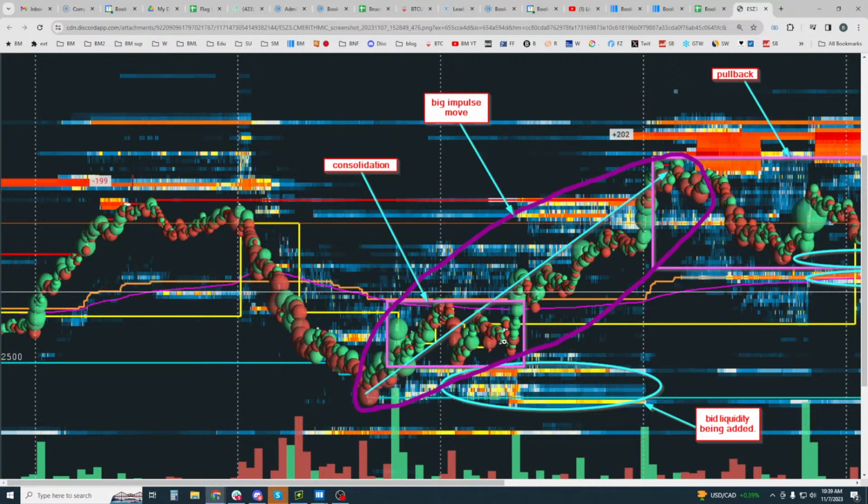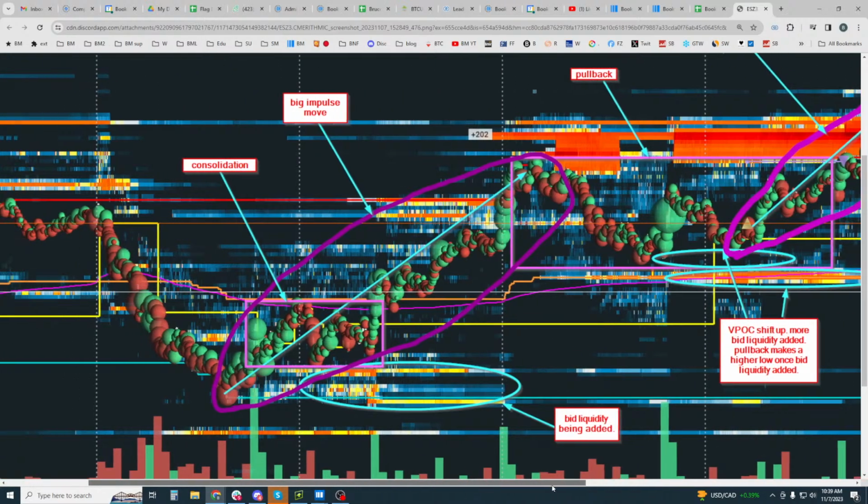So break down those big impulse moves and start to understand what's just within the impulse moves. Okay, so maybe I can put a list together for you later, Rob, and that might be good for the Bookmap Academy meeting that's coming up, and we can go through that checklist, right?